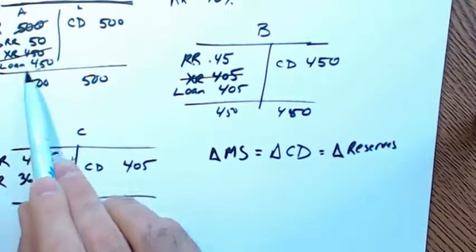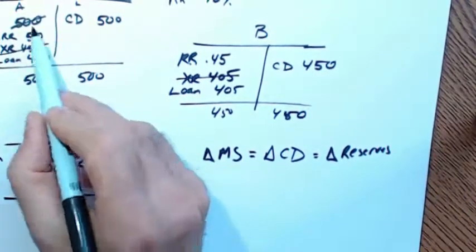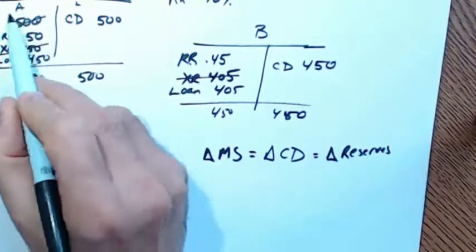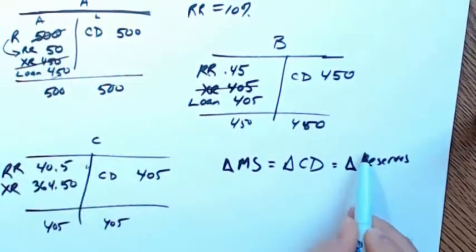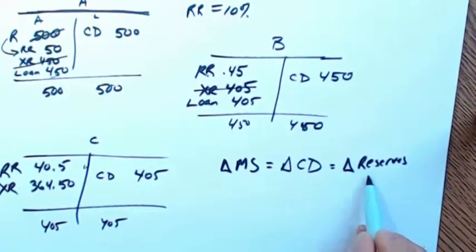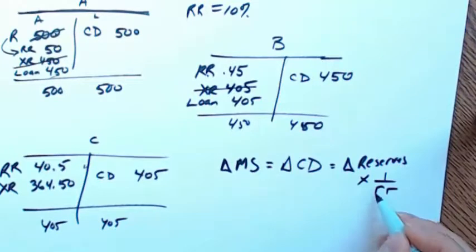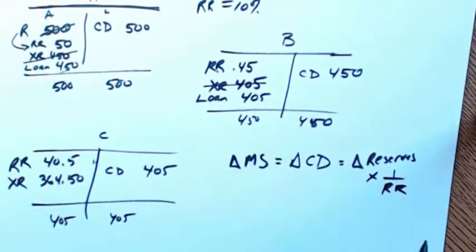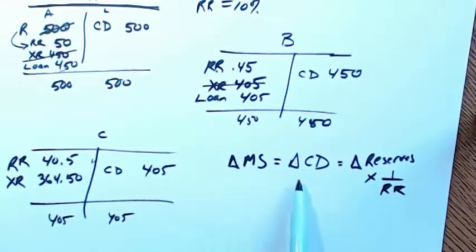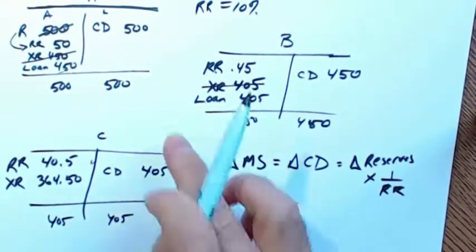We started way off here. The initial change in reserves, by the way, is 500. It's this whole group here, not just excess reserves. The change in reserves times 1 over RR, the reserve requirement. Okay. So that is how the multiplier process works.